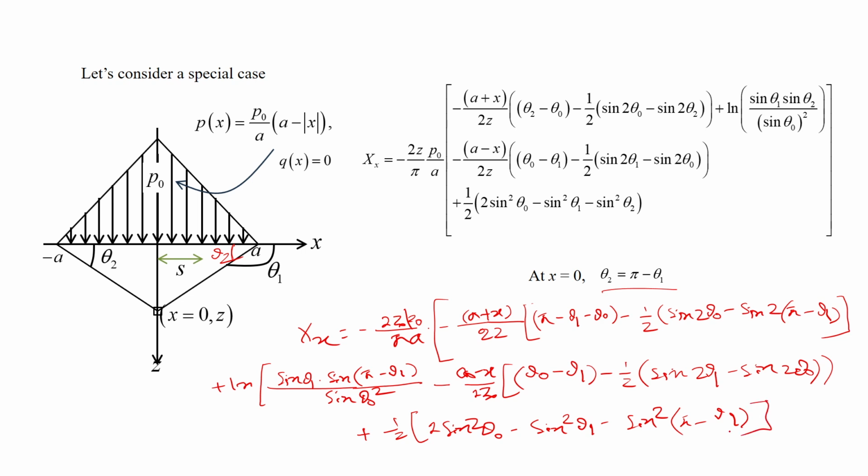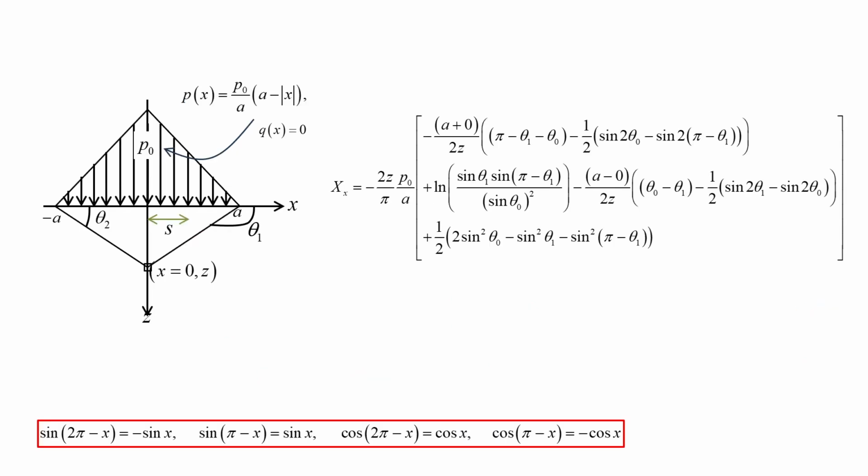So, remember that sine of pi minus theta 1 will be equal to sine theta 1, and sine 2 into pi minus theta 1 will be minus sine 2 theta 1, like that. So, we can substitute and work that out, and therefore we can write here.